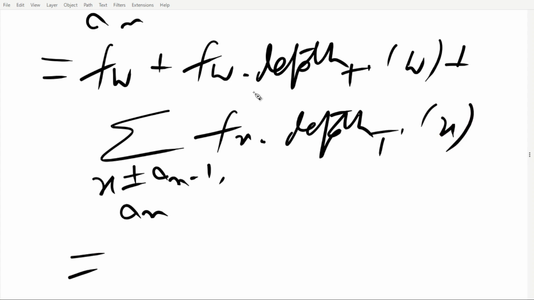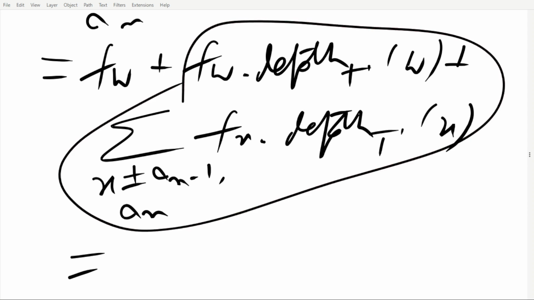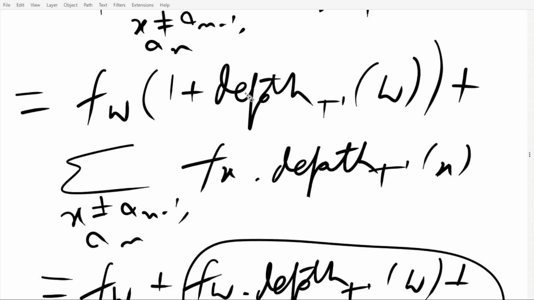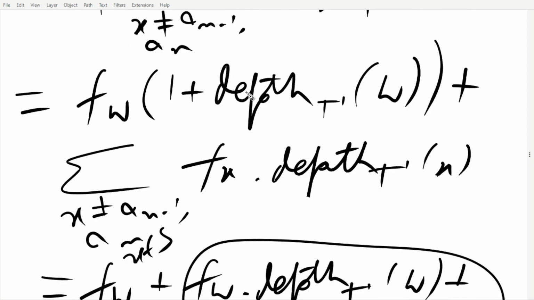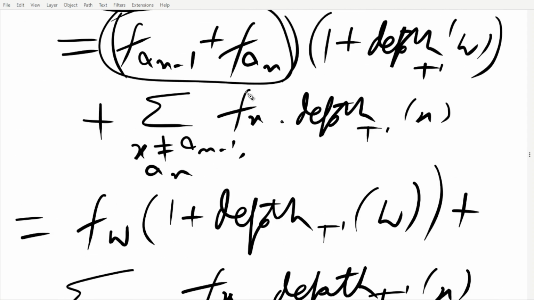Now just see, we are combining these two. Just observe that our tree t prime does not have these elements, x not equal to these and x in S, but it has the node w. So just combine the two and get the complete expression, where x is in S, for the average bit length of t prime.